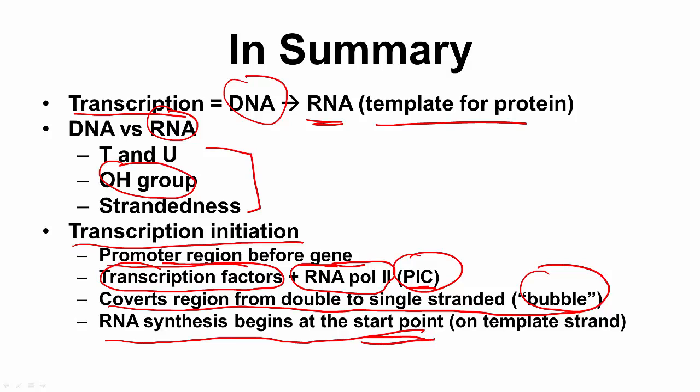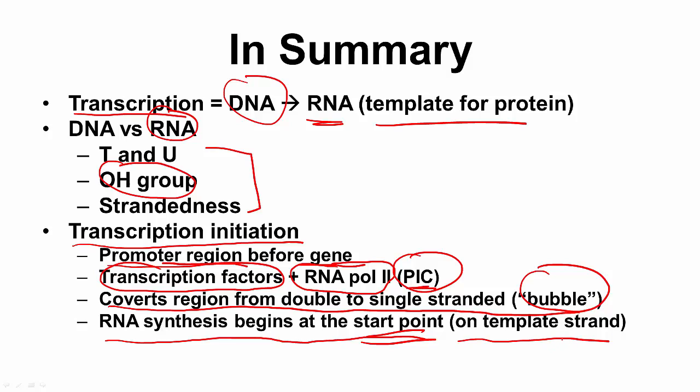The start point just refers to the DNA nucleotide in which the first RNA nucleotide base pairs with, in order to start growing the RNA transcript. This takes place on one of the DNA strands, specifically called the template strand.